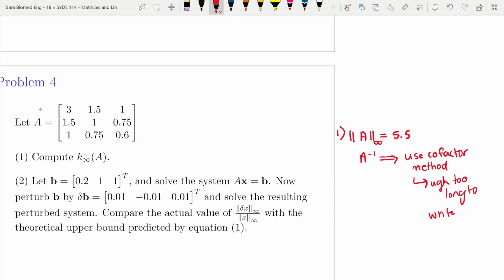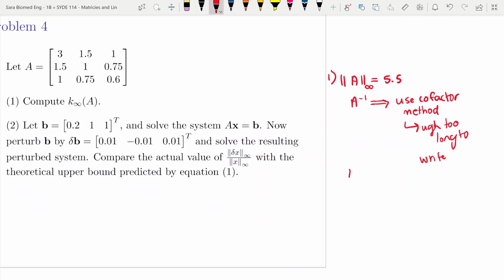It's going to be 3 times, because the first entry is 3, right? Now we cover up here, and what's left is the right bottom corner, so it's 3 times the determinant of what's left.